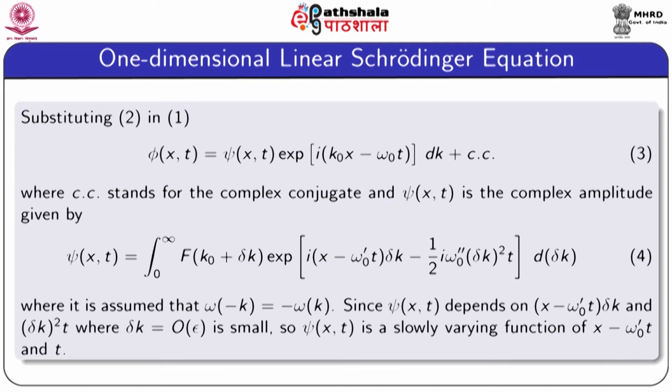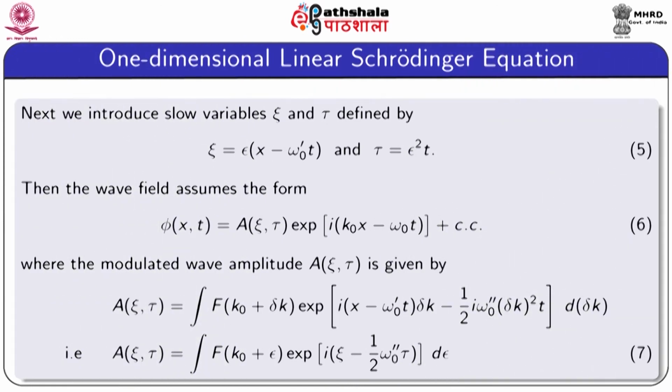Therefore, psi can be considered as a slowly varying function of x minus omega 0 dash t and t. Now, we define the slowly varying quantities as xi equals epsilon into (x minus omega 0 dash t) and tau equals epsilon square t.